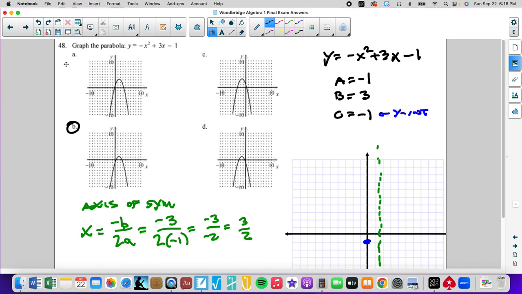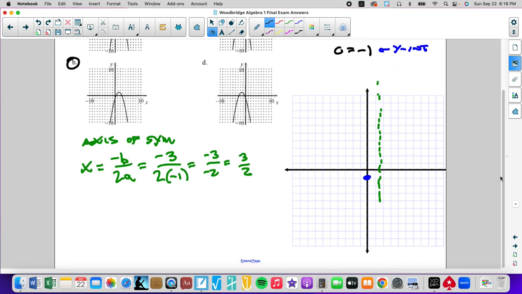But what do we do with the axis of symmetry? This is the x value. It says that my min or max, my vertex, is going to lie here. So I'm going to find my vertex by plugging in x equals 3 halves.